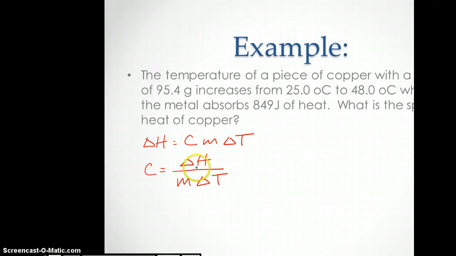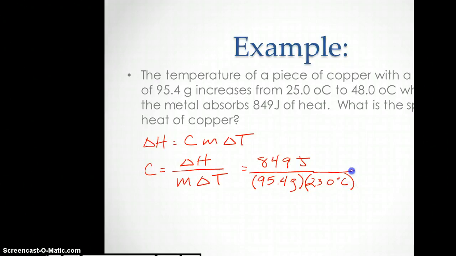Okay, so the heat involved is 849 joules divided by the mass of the copper, which is 95.4 grams, times the change in temperature. And for the change in temperature, we take 48, which is the final temperature, minus 25, which is the initial temperature, and that's 23.0 degrees Celsius for our change in temperature.